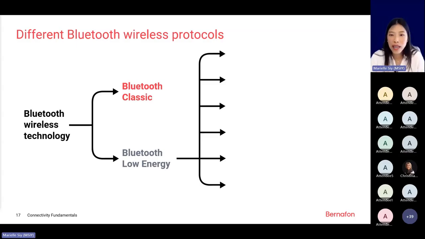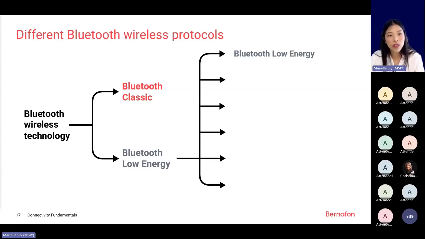For example, Apple has its own modified versions of Bluetooth Low Energy, which we call Apple Direct Streaming and Apple Bidirectional Streaming. So in total, there are 6 different BLE or Bluetooth Low Energy protocols used across Bernafon hearing aids and connectivity accessories, all with their own specific function.